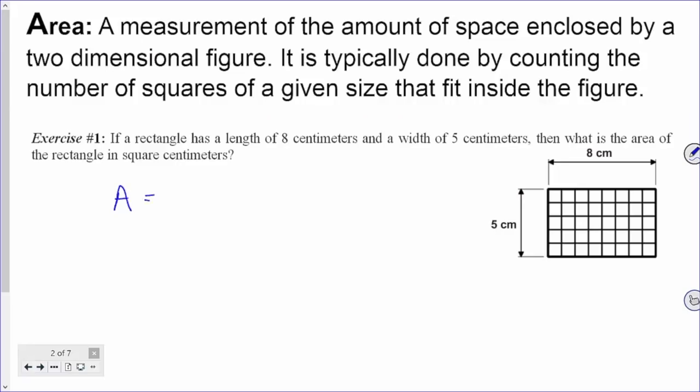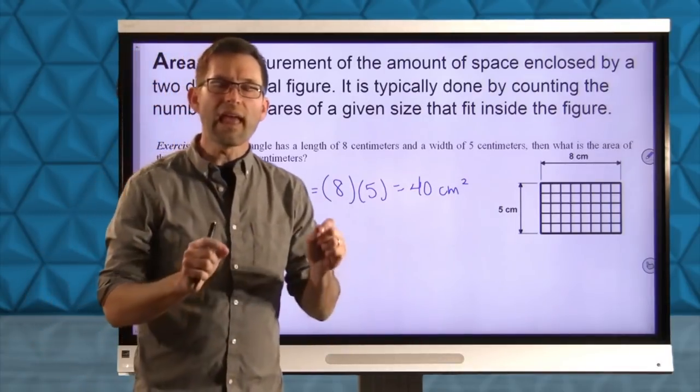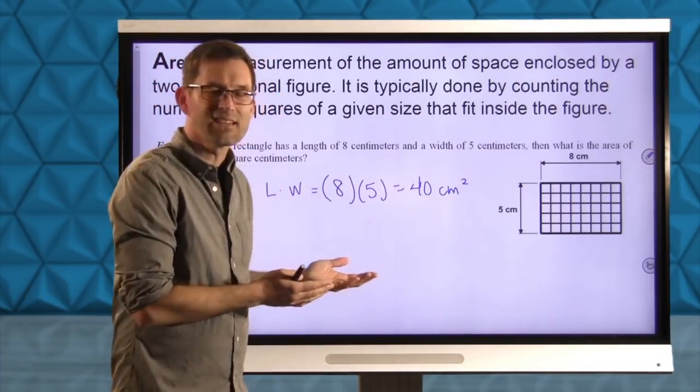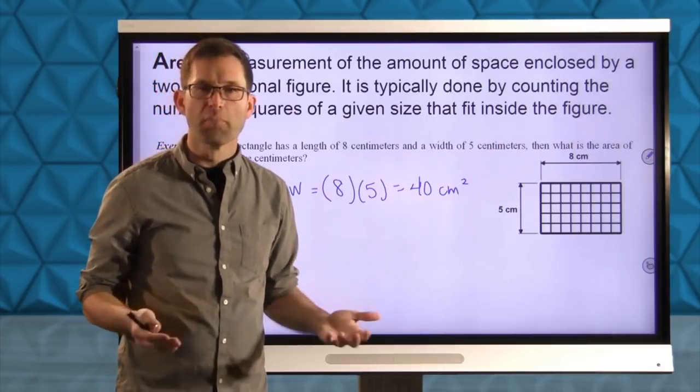The area in general of a rectangle is length times width, and in this case that's going to be 8 times 5, or 40. The reason that I drew the picture this way is to really emphasize that this isn't so much a formula as just what it means to multiply.